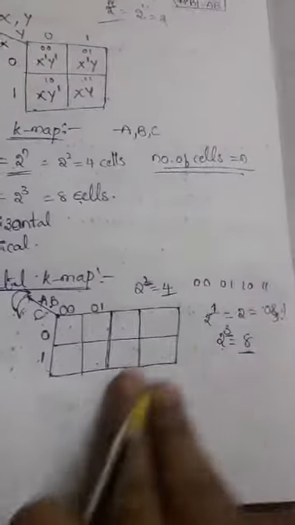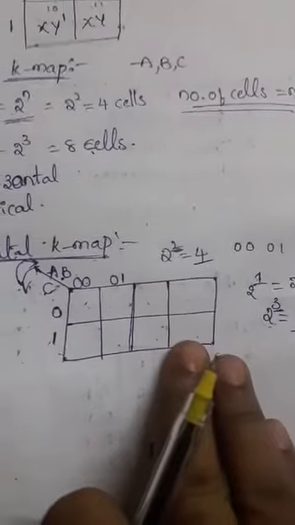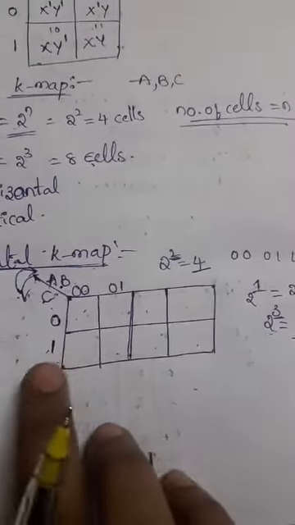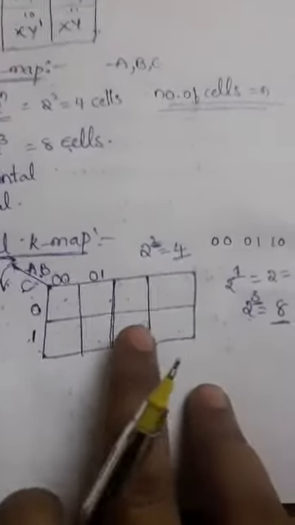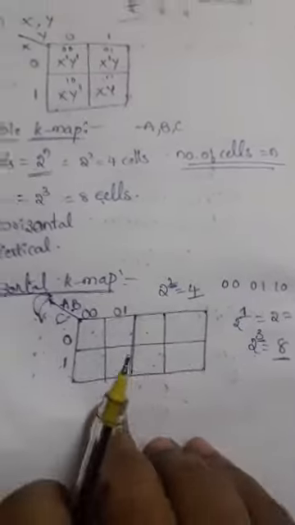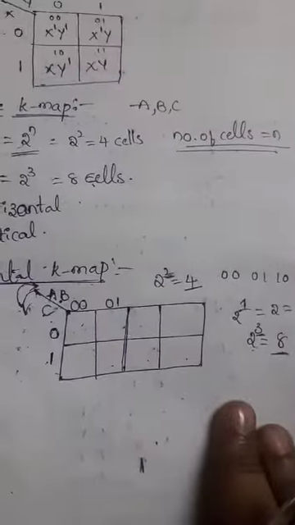So totally we are getting 8 cells. You can count here whether you have 8 cells or not. Now for two variables we have only 4 cells, like 0 1 2 3.